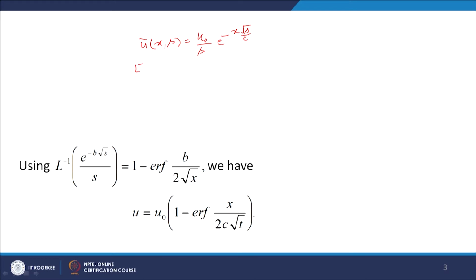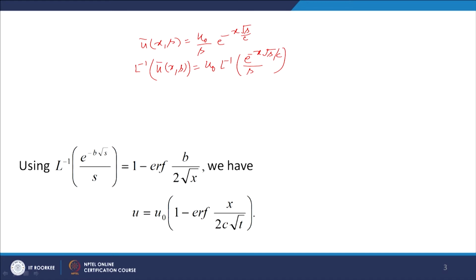So L inverse of u bar x s equal to u naught into L inverse of e to the power minus x root s divided by c over s. Okay. Now, in the last lecture we had found the inverse Laplace transform of e to the power minus b root s by s equal to 1 minus error function of b over 2 root t. So, let us apply this result.